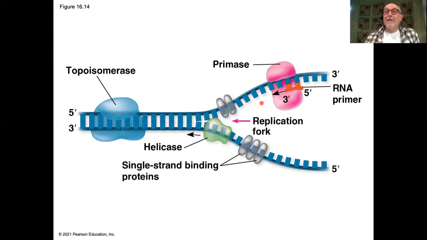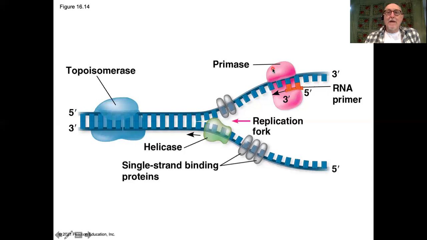It has all sorts of problems, but it can't just fix onto the single strand and start making another DNA strand. Instead, it has to have a short length of RNA laid down. We start off with a little length here. It's not just 2 bases, by the way, it's a bit longer than that. It's laid down by an RNA polymerase with a special name.